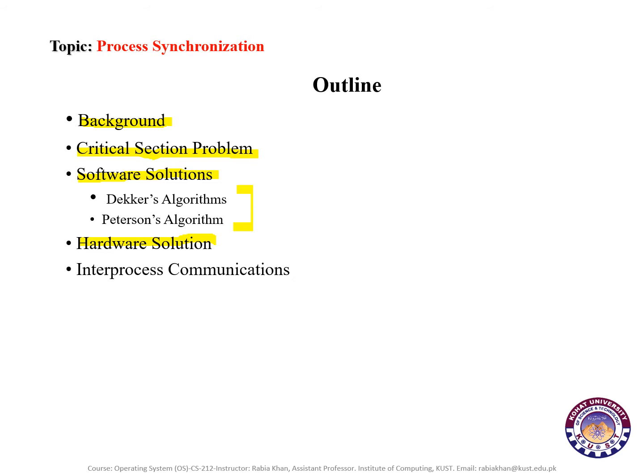After discussing the solutions for the critical section problem, we will proceed to another topic within process synchronization, which is a very important topic, that is inter-process communication. If you remember, when we were discussing the processes chapter, that is chapter 2, this was highlighted as one of the operations of the processes.